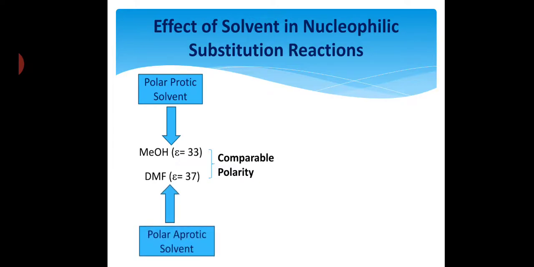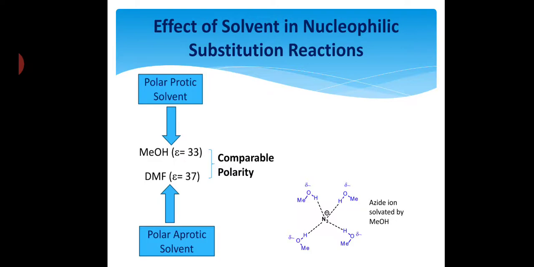In methanol, the azide ion is stabilized by hydrogen bonding. As in the earlier case, water was stabilizing the nucleophile, and the rate of SN2 reaction is observed to decrease as the nucleophile is not available for the reaction.